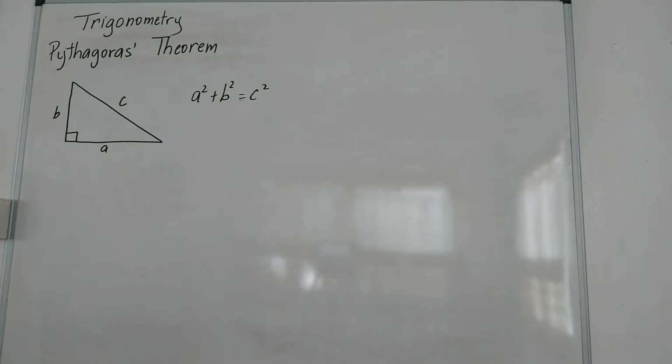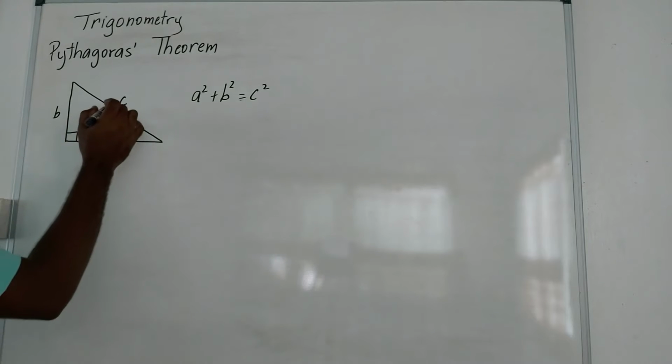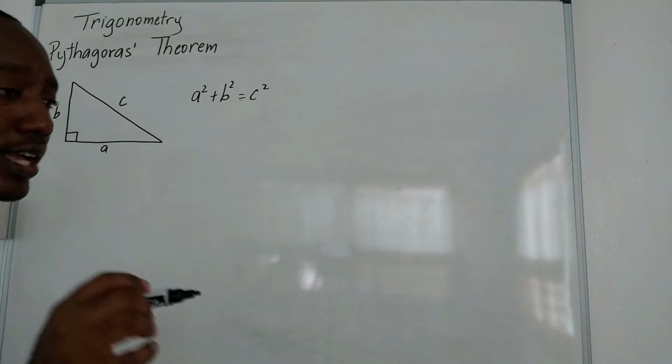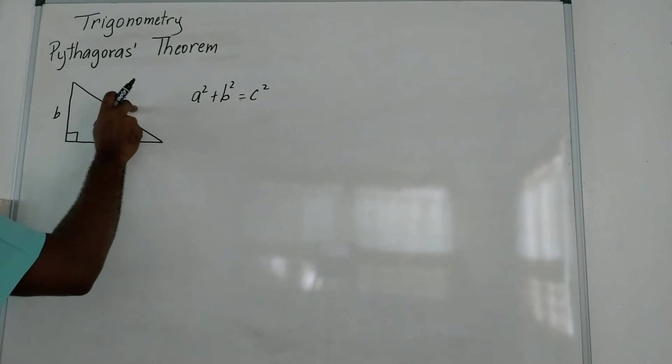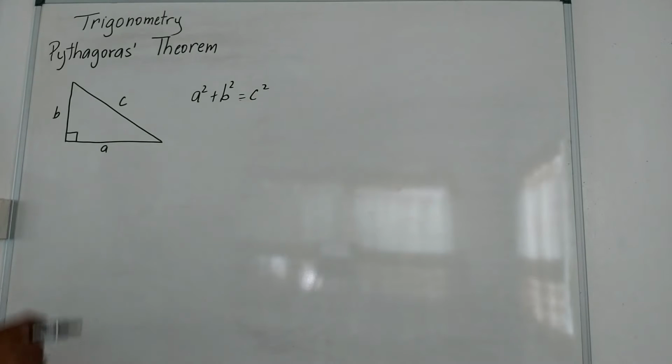So, how would we find the length of the hypotenuse? What I want us to remember too, is that in a right angle triangle the hypotenuse is the side always opposite to the 90 degree angle, right?